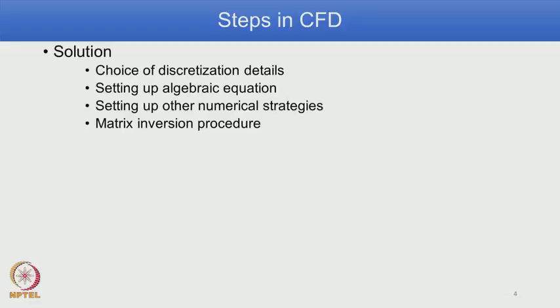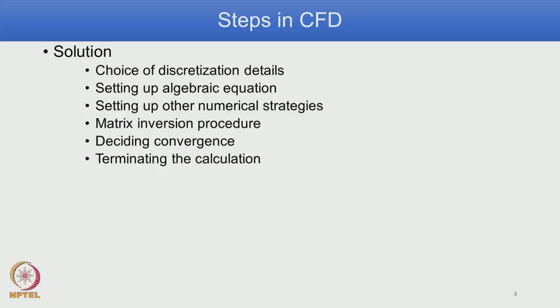There are again different ways of doing matrix inversion. Then as the solution progresses, where to stop, how to decide the solution has reached the desired condition that we are looking for, that is deciding convergence, and so deciding to terminate the simulation.